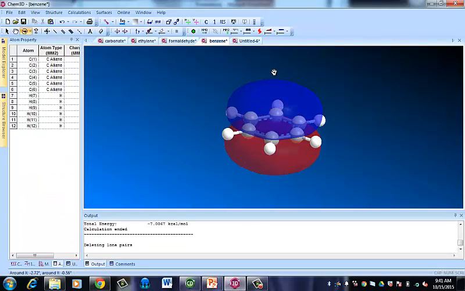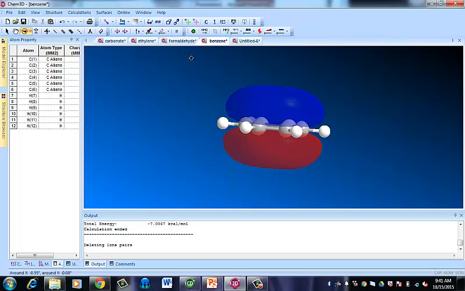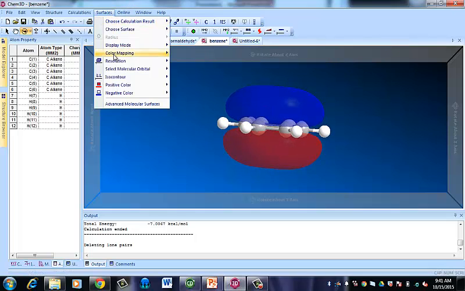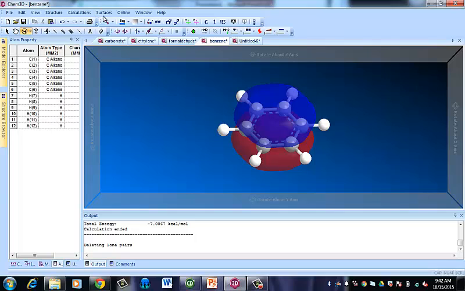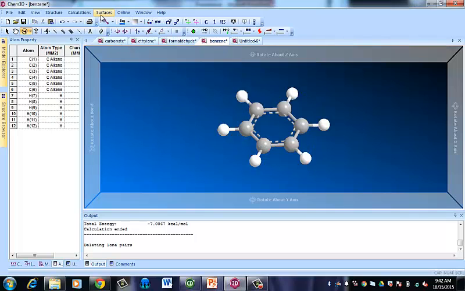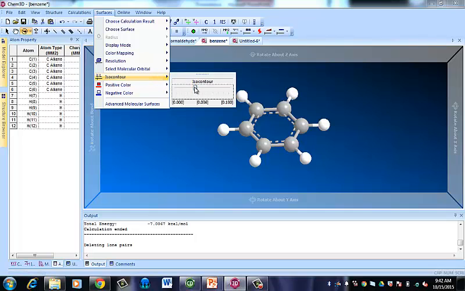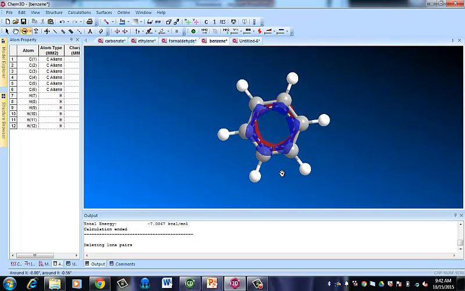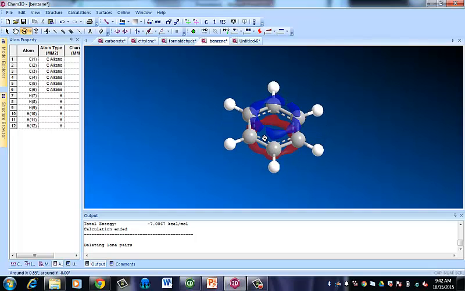And so what that looks like is really a big hamburger bun over all of them. Shrink it down and make it look more like a donut. Oh, it went away. It's really around all 6 carbon atoms.